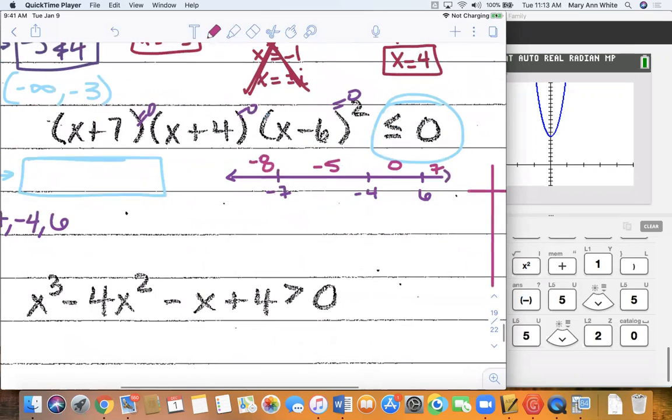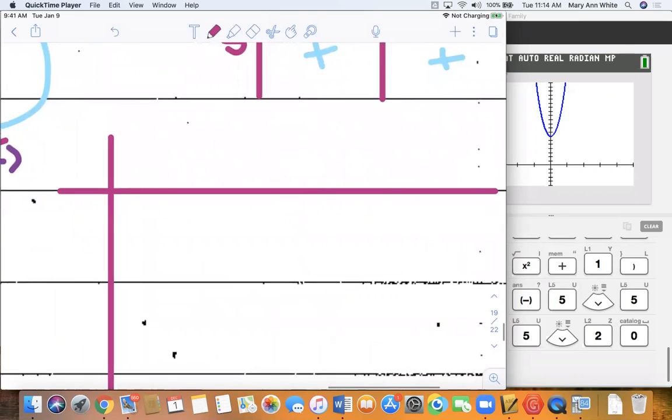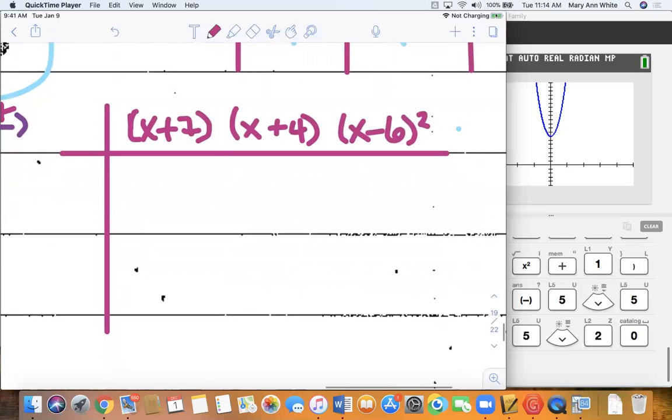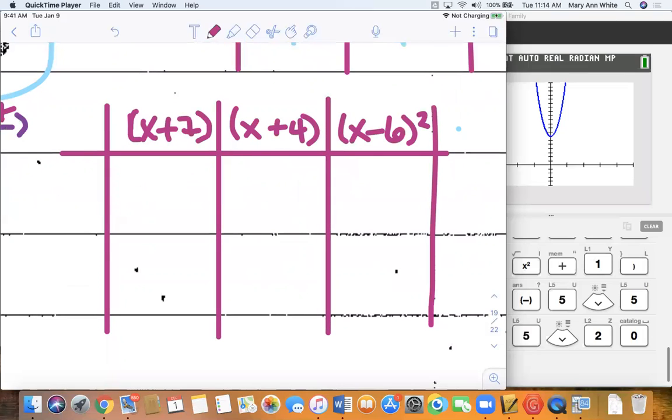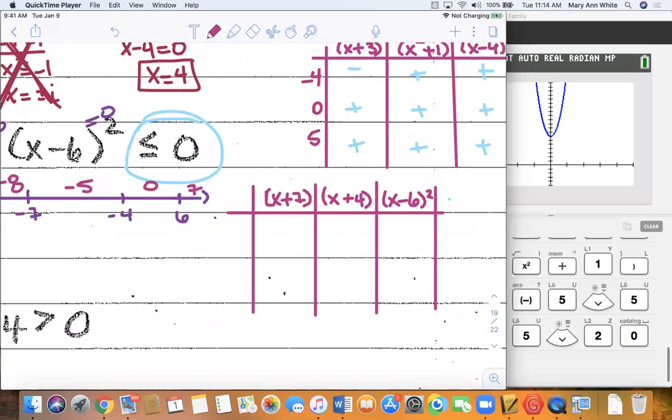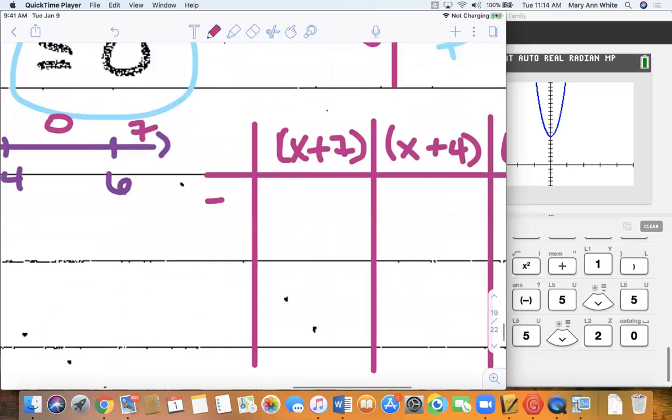My factors are x plus 7, x plus 4, x minus 6 squared. And then I'm trying -8, -5, 0, and 7.